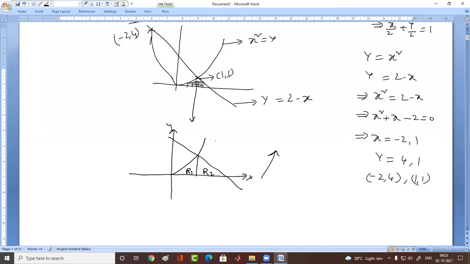This curve is y equals x square, and this is totally different, y equals 2 minus x. So if you have two different upper curves, separate into two different regions. First we will evaluate the integral for the R1 region and also the R2 region.